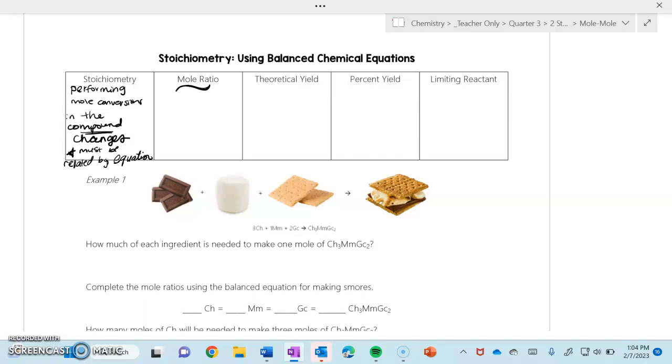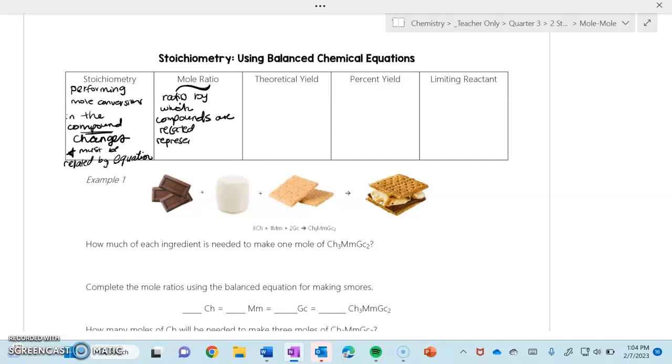A mole ratio is a ratio by which those compounds are related. So when I say related, we're talking about how they react or are produced in a reaction. And the factor of their relationship is the same as their coefficients in the balanced equation.